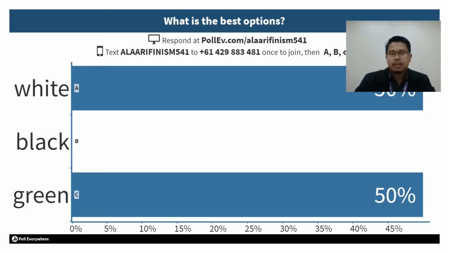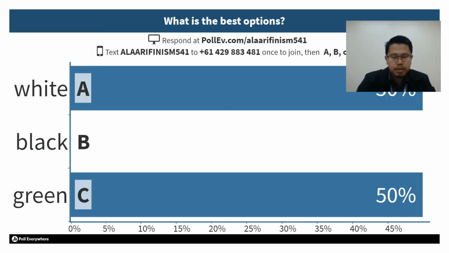Before we proceed, I think it's better for us to have a general idea what this software is all about. When we present something to our students, sometimes we can have a feedback session with them, or we can ask their opinion about something. For example, what is the best option, white, black, or green?